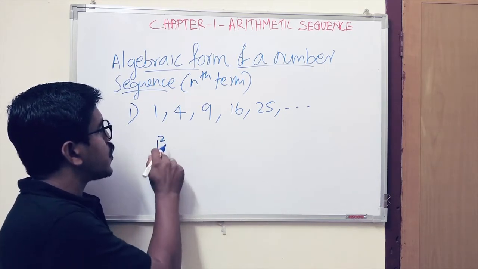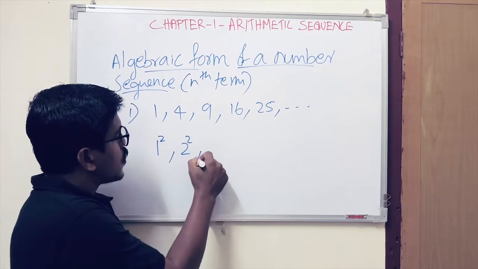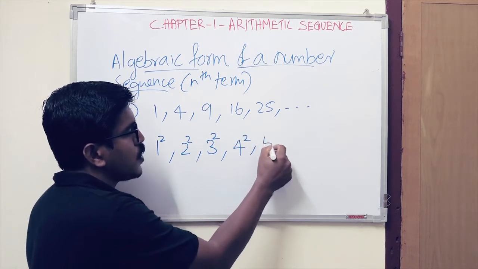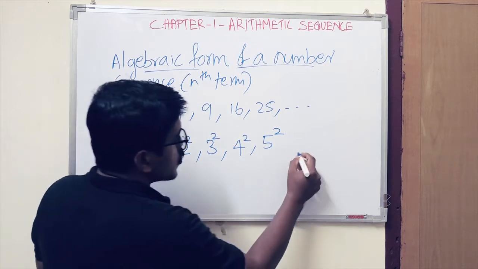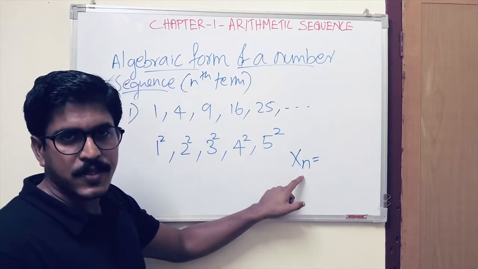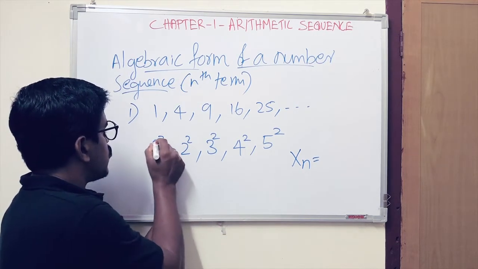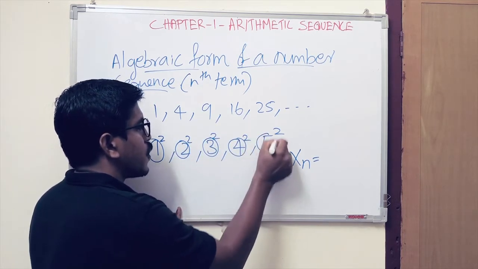That is 1 square 1, 2 square we got 4, 3 square 9, 4 square 16, and 5 square 25. The symbol to represent the nth term, or algebraic form, is xn equal to, and these are the natural numbers 1, 2, 3, 4, 5.